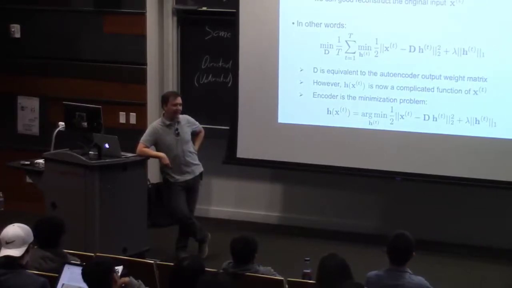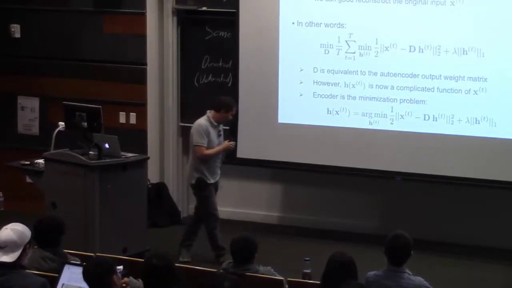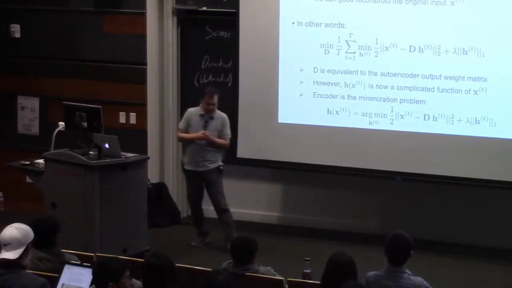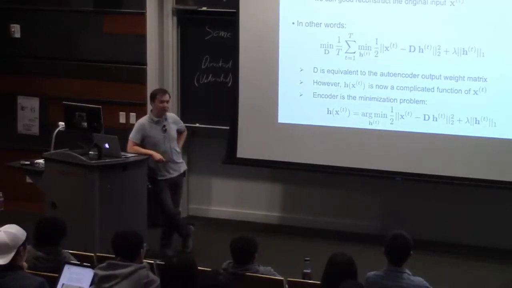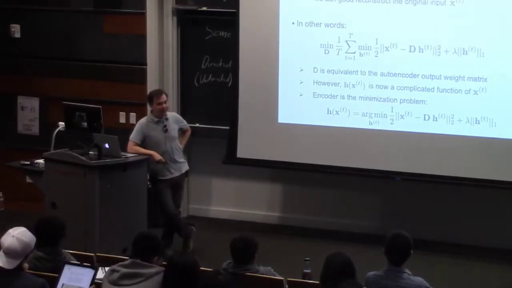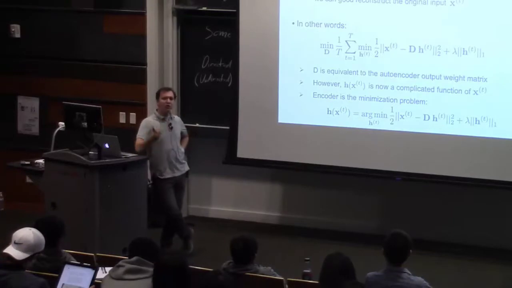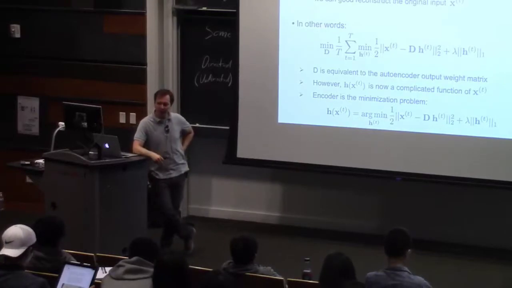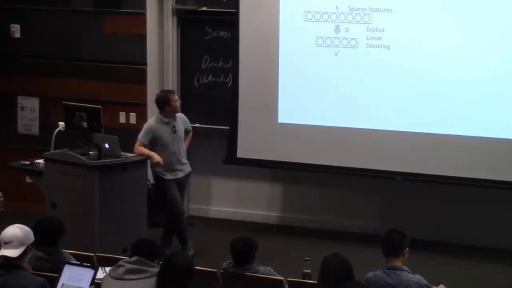Everybody sees that? So the encoder is an implicit encoder, which basically means that inference in this model can be quite slow. I give you an input X, and I ask you, what are the features you see in X? Well, you have to solve the L1 lasso problem in order to find these features, okay?